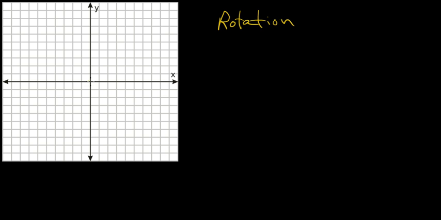Okay, we're going to make it real easy here. We're going to use the origin, 0, 0, as the center of rotation. Let me create another triangle here. And like I keep telling you guys, this is not as easy as I make it look.